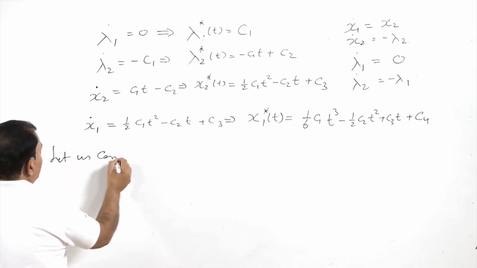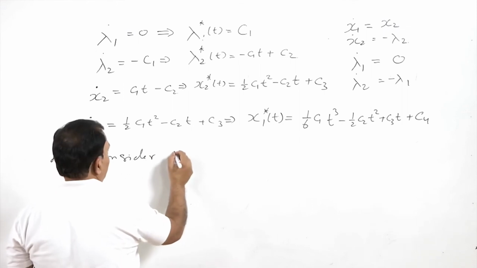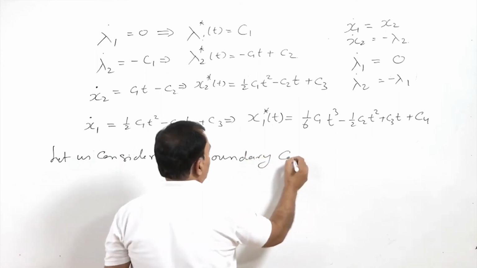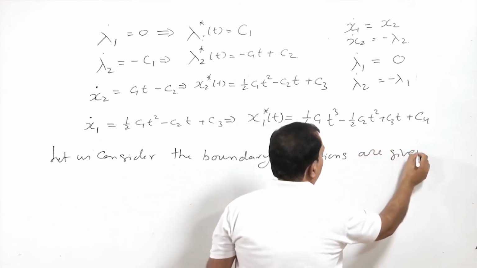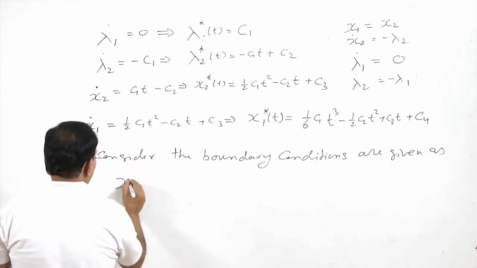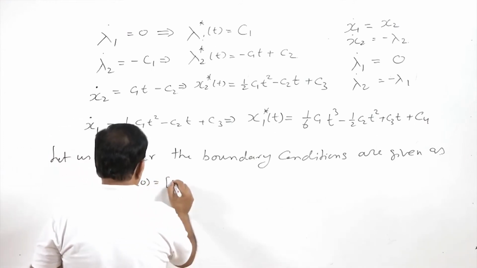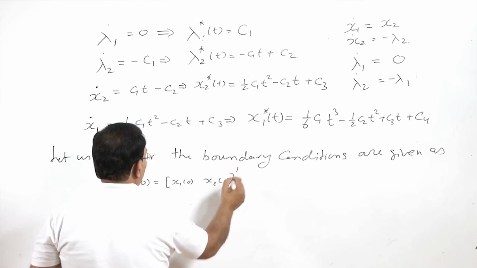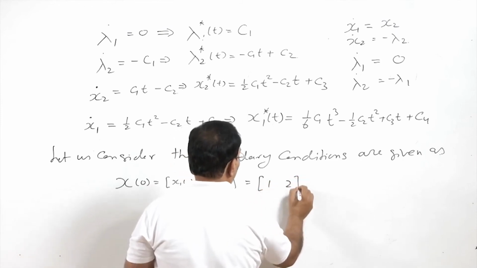Let us consider the boundary conditions given as x0, which is nothing but x1 0, x2 0 transpose, equal to 1 2.